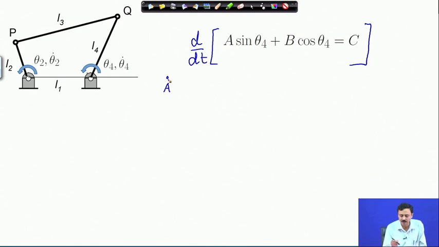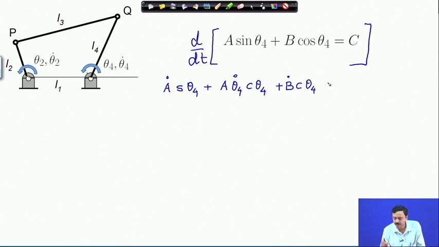So, A dot is d dt of A, S theta 4 stands for sin theta 4 plus A theta 4 dot, C theta 4 stands for cosine theta 4 plus B dot cosine theta 4 minus B theta 4 dot sin theta 4 is equal to C dot.